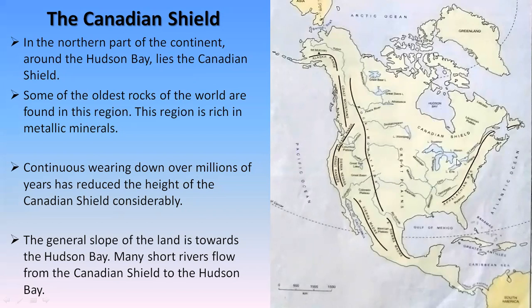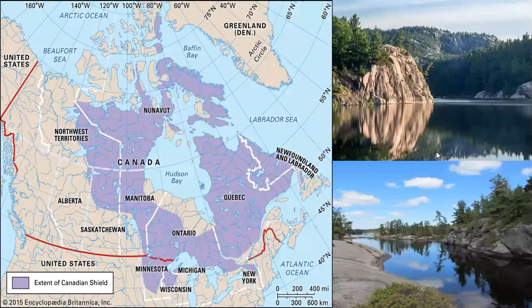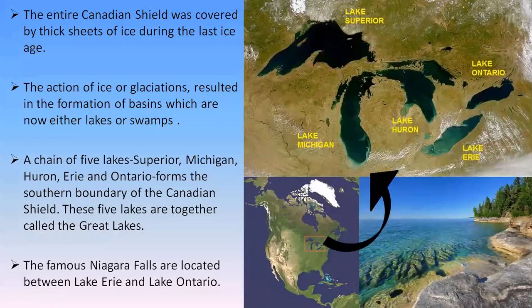We find some lakes at the southeastern edge of the Canadian Shield: Superior, Michigan, Huron, Ontario, and Erie. All these five lakes together are called the Great Lakes.